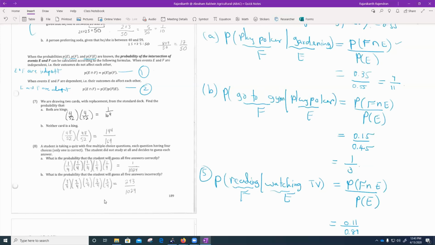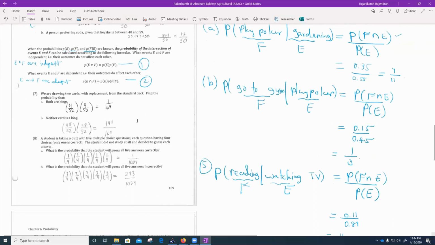The first formula says that the probability of E intersection F is nothing but the product of the probabilities of event E and event F. The second formula says that the probability of E intersection F is the product of the probability of event E and the conditional probability of F given E. So these are the two formulas we are going to use to find intersection probabilities.